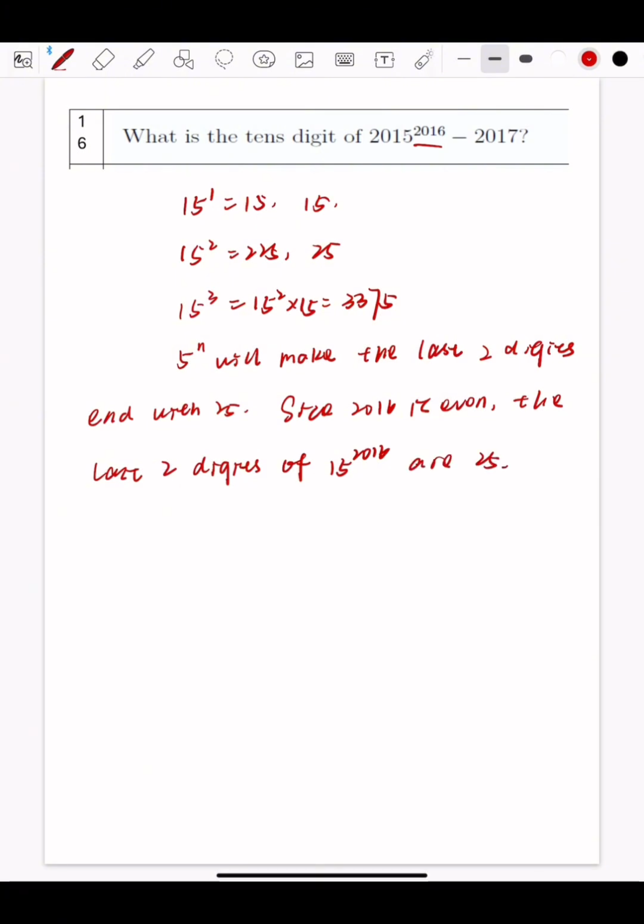And for this one, we know that the last 2 digits are 17. And then we calculate here. That is here. And so the tens digit should be 0. And the answer is 0.